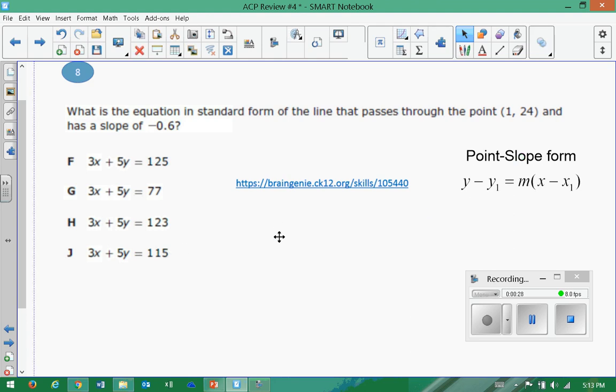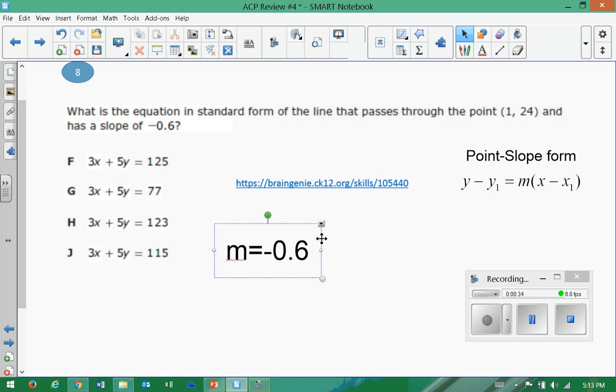And in this point slope form, we're given especially that m is equal to negative 6/10. And we also have the point (1, 24) as our x1 and our y1.